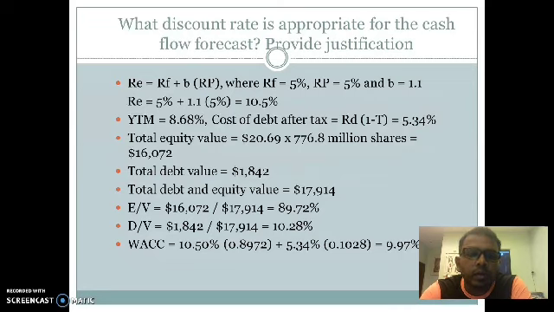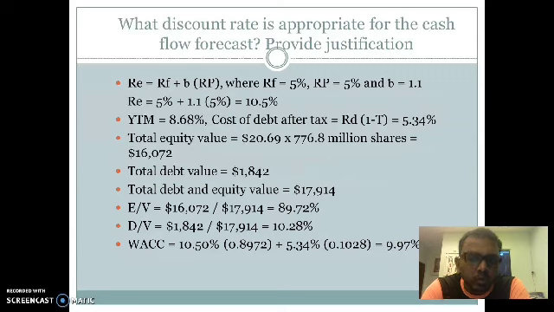All this information is available for Southwest Airlines, so we are using Southwest Airlines as the basis to calculate for JetBlue Airlines. The information available for Southwest Airlines for the cost of equity is: the risk-free rate is 5%, the risk premium rate is 5%, and the beta is about 1.1.